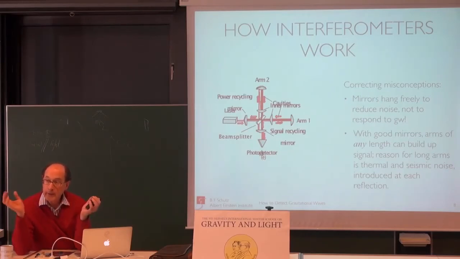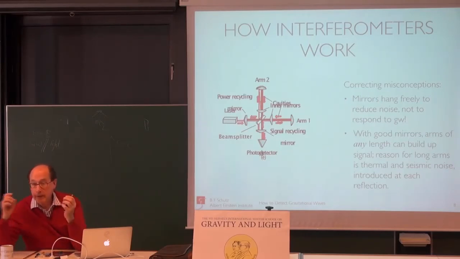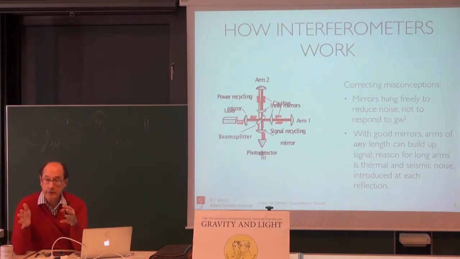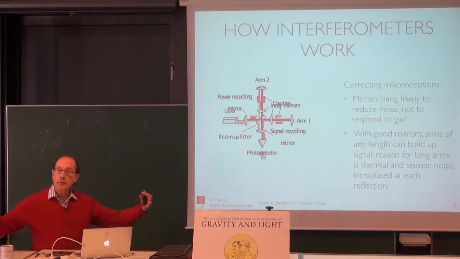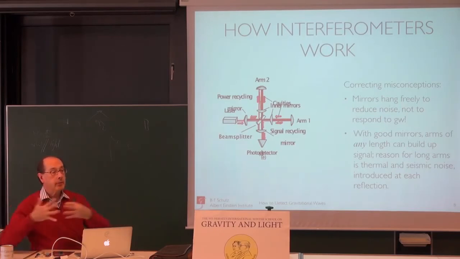Why it's better to have a bigger detector than GEO 600 is that there are other noise sources. Particularly we have the vibration noise that comes in through the suspension. We have thermal vibrations in the mirrors and so on. And the more times you bump into a mirror, the more times you pick that noise up. So we want mirrors to be far apart so we can store light in those arms, but we minimize the number of times the light is in contact with the mirrors.